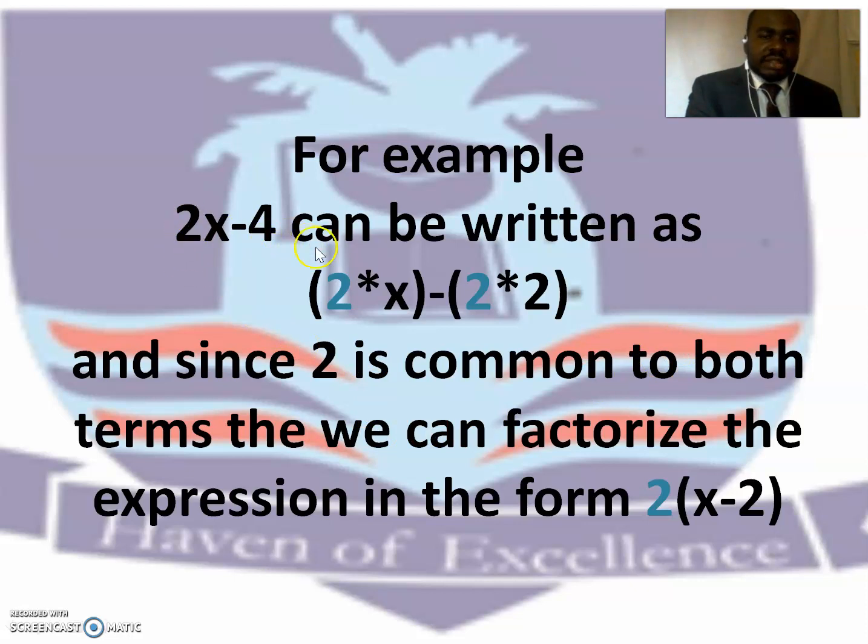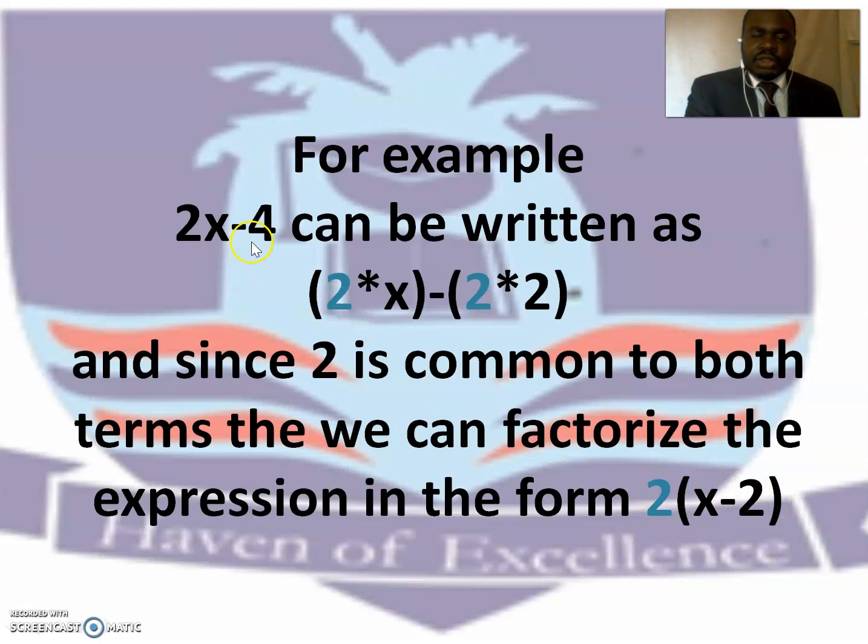We can break 2x into 2 times x because those are the product of its prime factors, while 4 can be broken into 2 times 2. Looking at these two brackets, we can see that 2 is common to both of them. If we factor out that 2, we'll be left with x minus 2. So the factorized or simplified version of this expression is going to be 2 into bracket x minus 2.